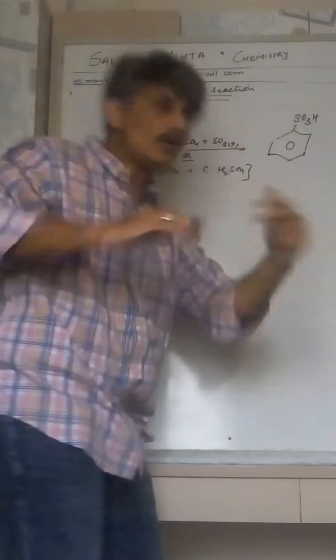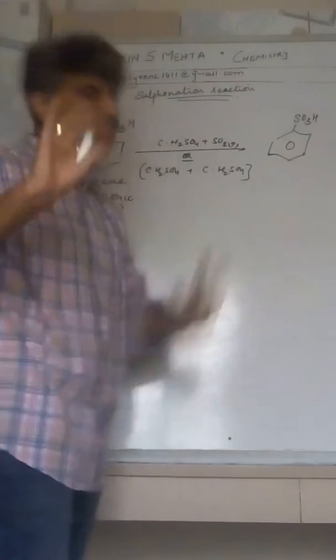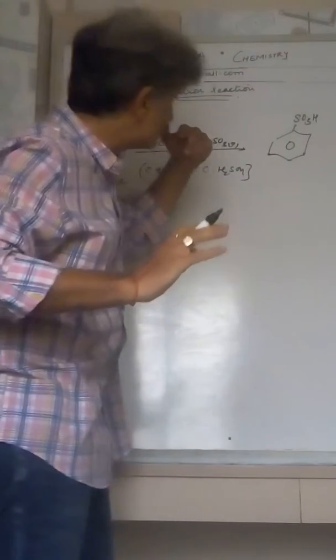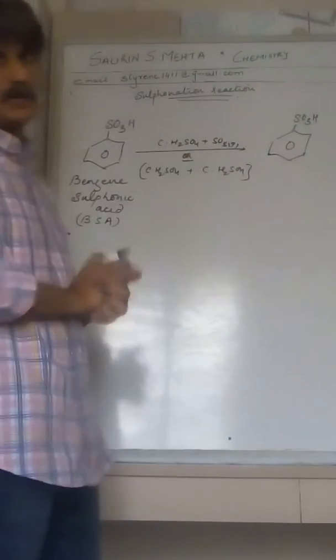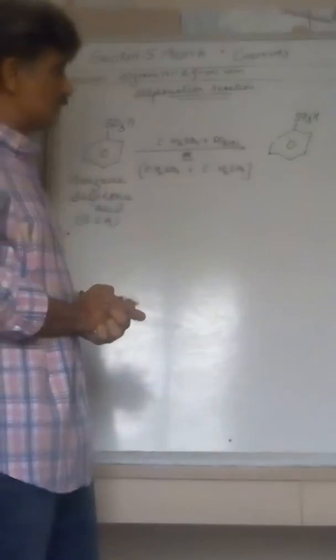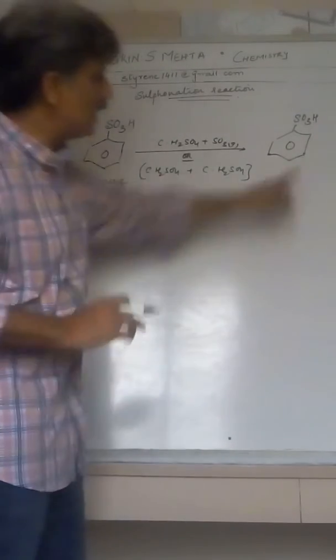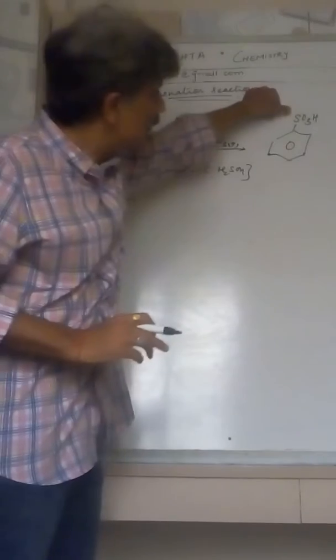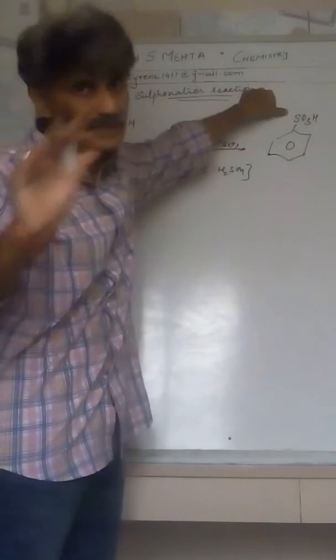So either on the right hand side or left hand side, any one side at a time, you can substitute the SO3H plus group on that particular carbon atom. So here the SO3H plus, that is the sulfonium ion, will attack the meta position as the group SO3H will direct that group.